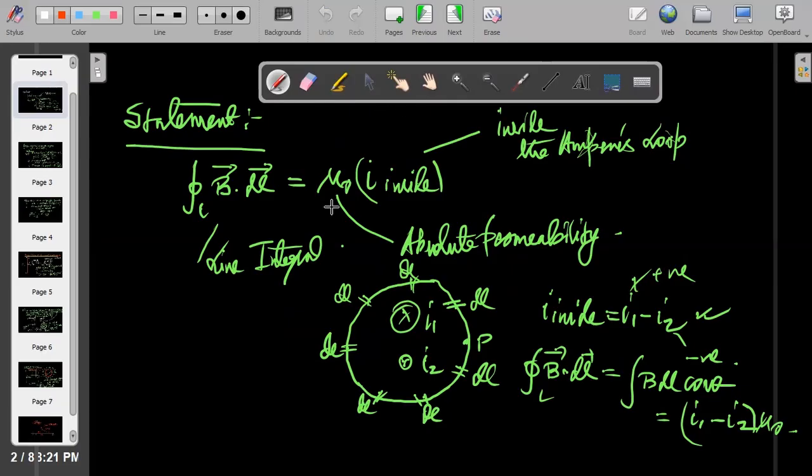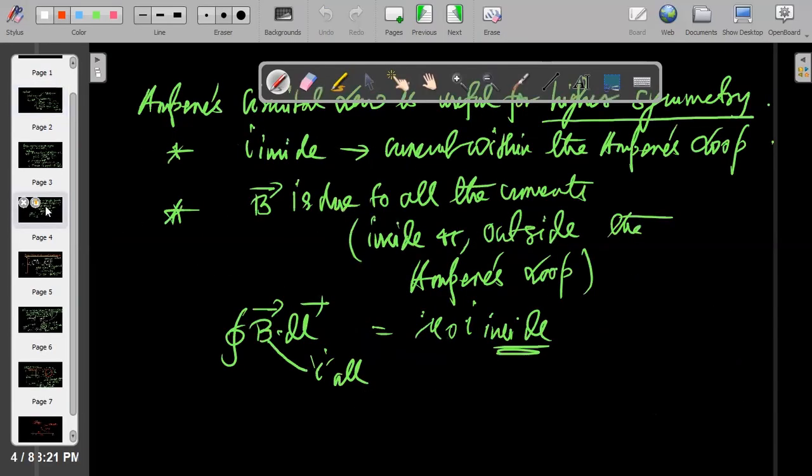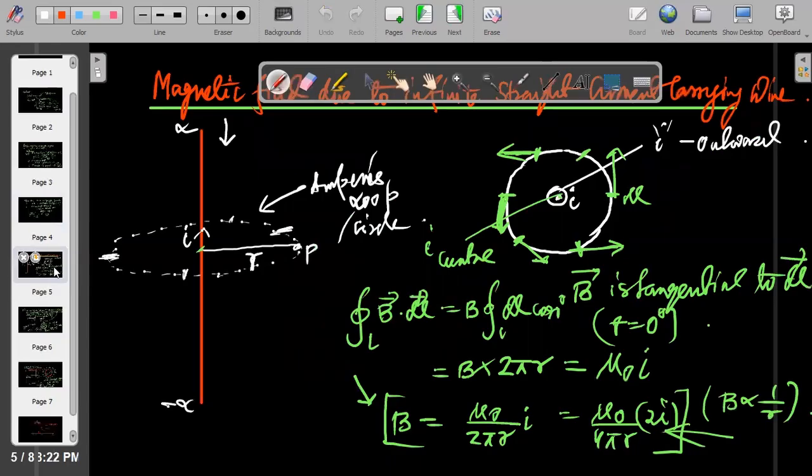But the difference is that you can find the field very easily, though it has some conditions like in Gauss law. B dot dl, theta should be 0 degrees or 90 degrees. In Gauss law also we did the same thing, right? It has some similarities. It should be symmetric also.